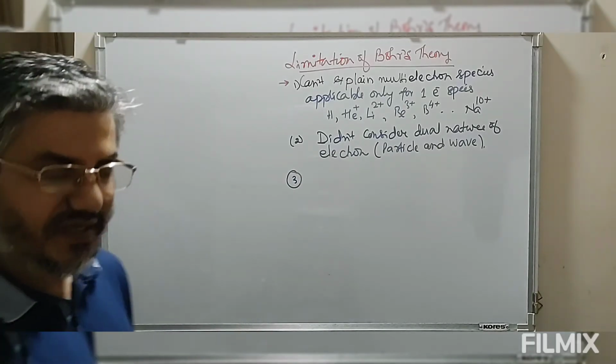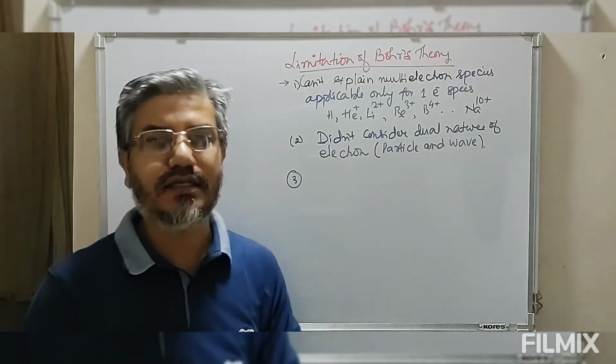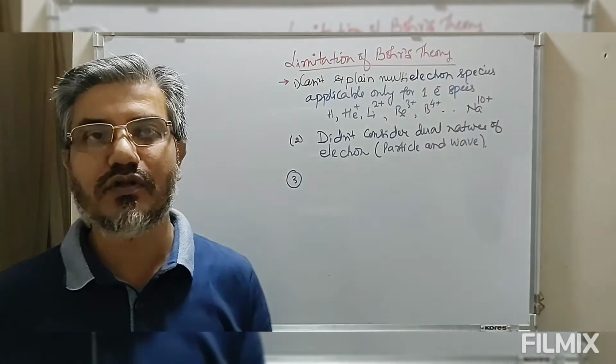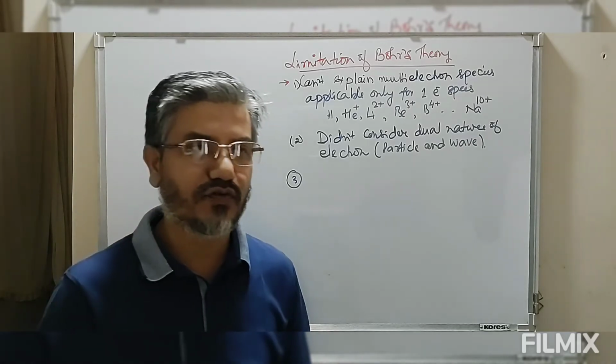Now, while discussing the spectra, he says that there is a clear distinct line, whether the electron is moving from a lower level to a higher level or from a higher level to a lower level, corresponding to a particular frequency.